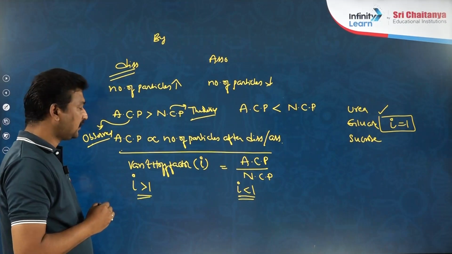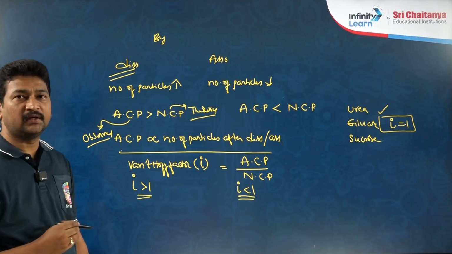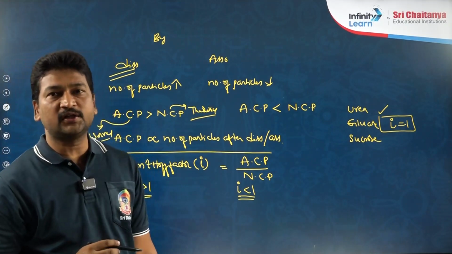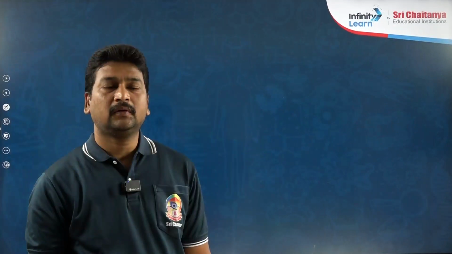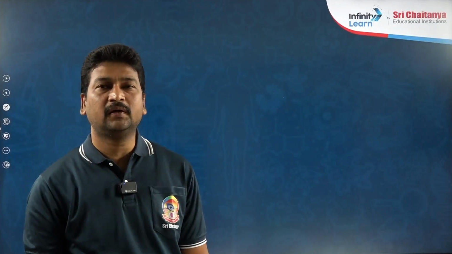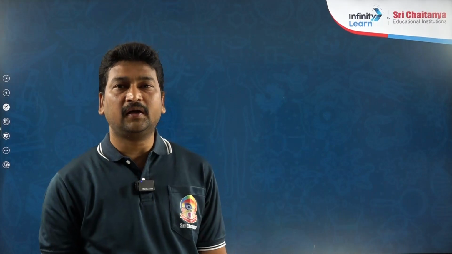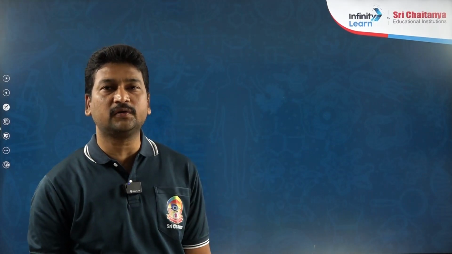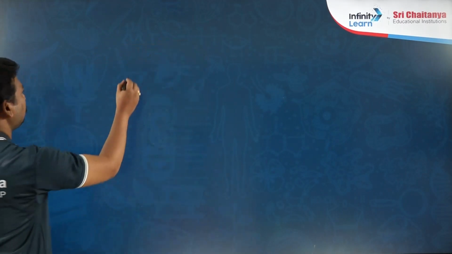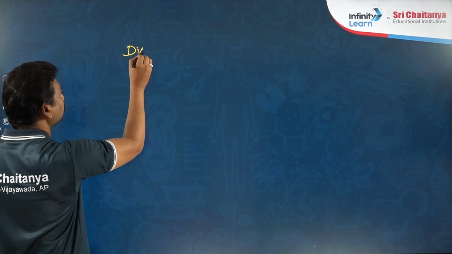Okay. So let us find the relation between alpha and i during the dissociation of the solute. Let's find the relation between the Van 't Hoff factor i and the degree of dissociation of the solute.